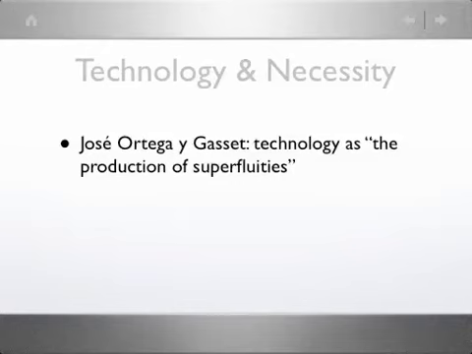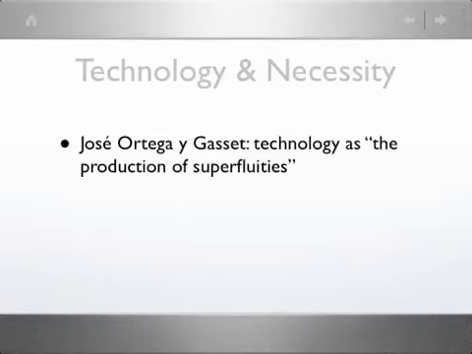And so the way in which Ortega y Gasset characterizes technology as the production of superfluities means that to a great extent, technology does not involve true necessity or true things that are needed for survival, but rather building things and creating things that are really more than what we need.